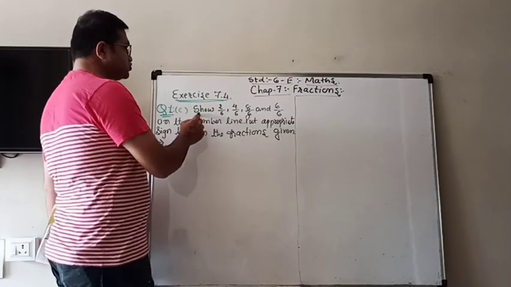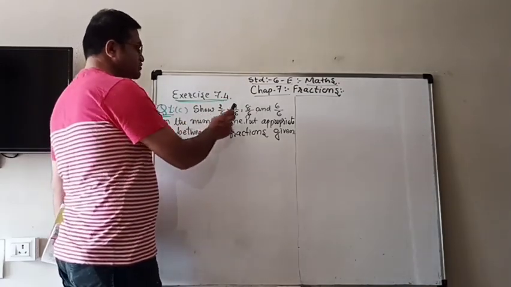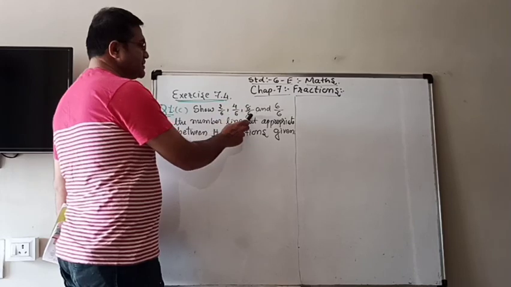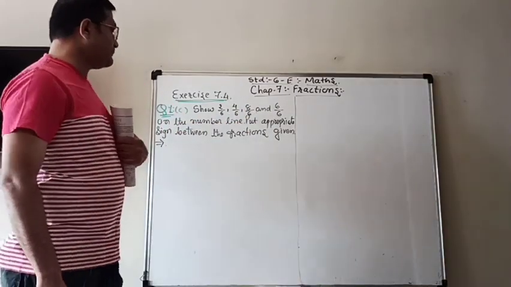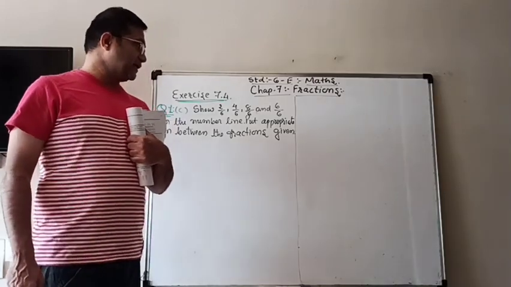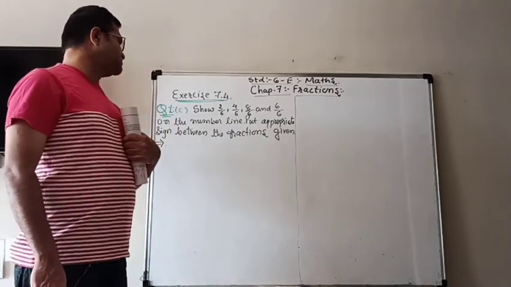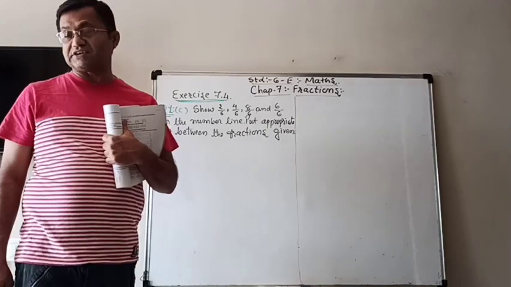It says to locate 2 by 6, 4 by 6, 8 by 6 and 6 by 6 on the number line, and then put the appropriate sign between the fractions given.